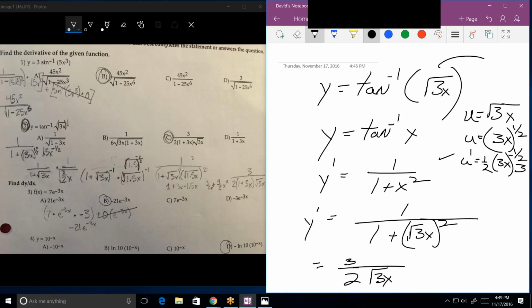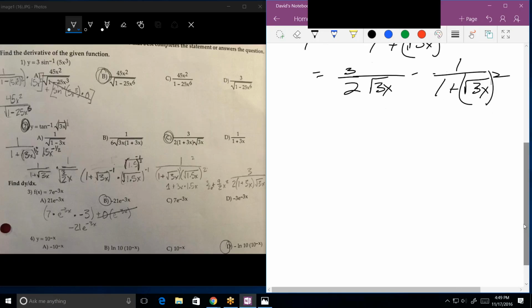And I'm multiplying it all by 1 over 1 plus square root of 3x squared. So let's see, what is that?